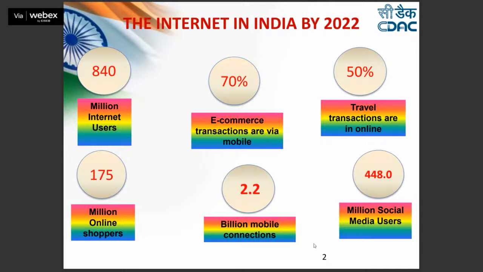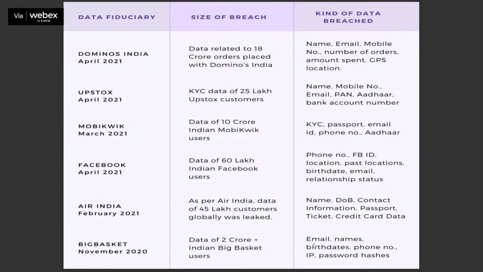Then we have 175 million online shoppers, as most people prefer online shopping. And then 2.2 billion mobile connections overall are here, and 448 million social media users, which is overall a very huge data in terms of using the internet. Let's move on to the next one.